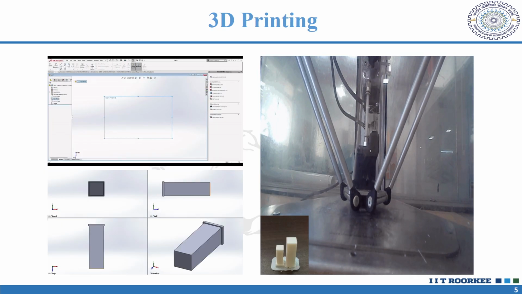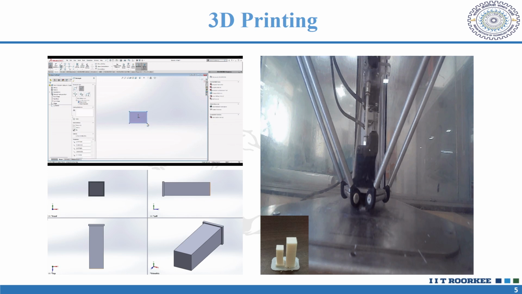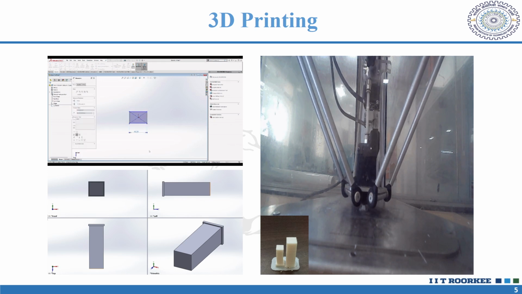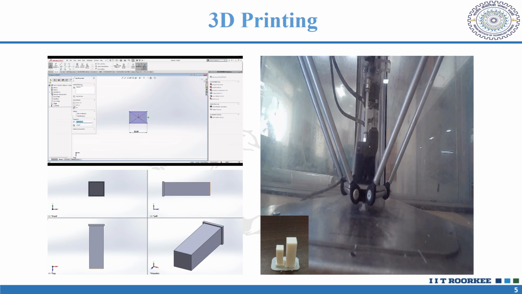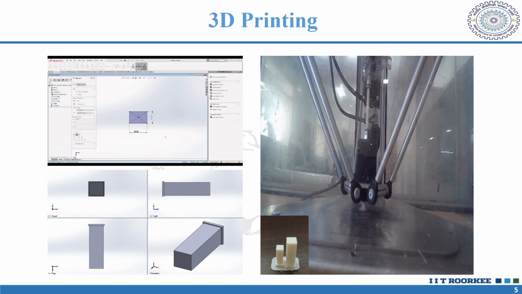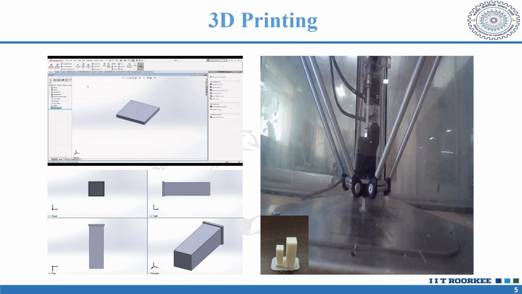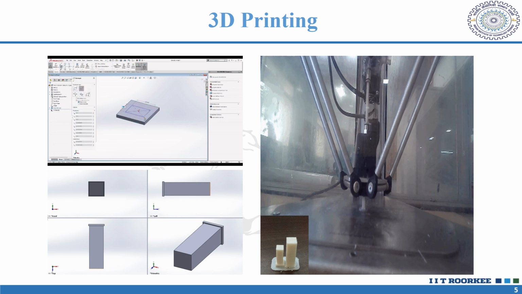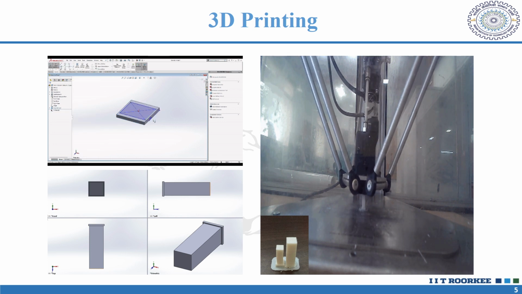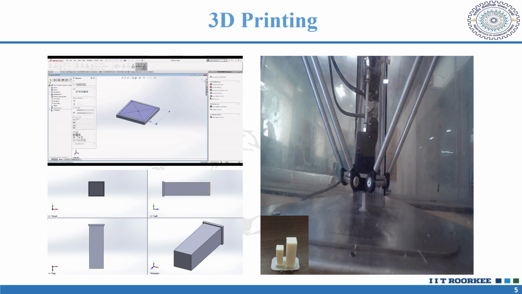So let us see what is 3D printing. 3D printing is a technology to create a 3D object of any shape from its CAD model. In the 3D printing process, the object is created by depositing successive layers of material.